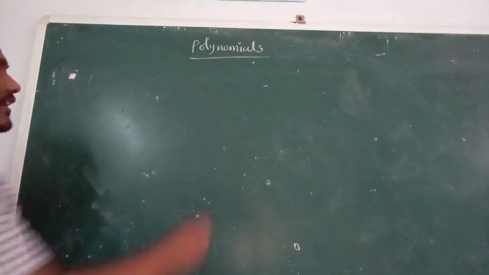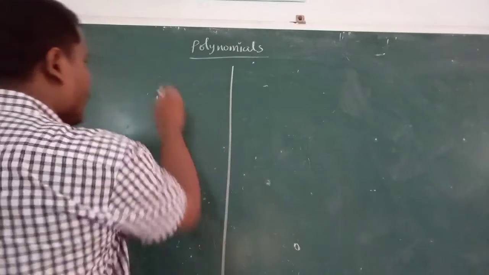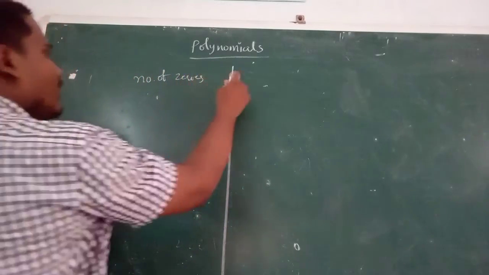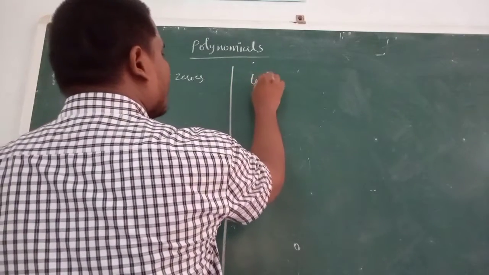Polynomials can be divided into two types: according to their number of zeros, and according to their terms.